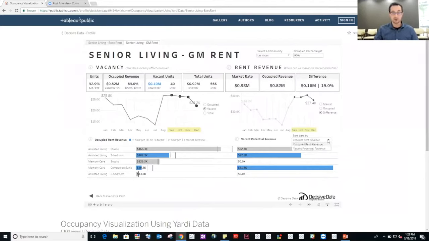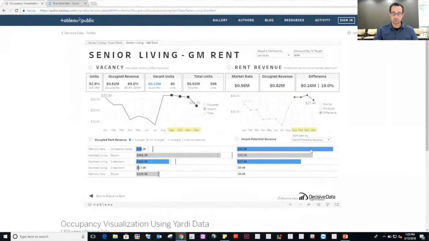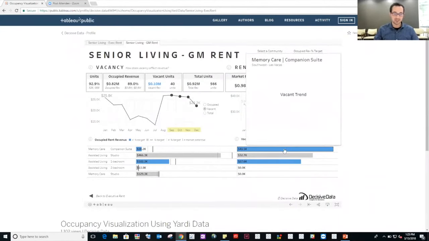This filter on the far left will also be useful for someone like Patty who can select to rank these unit types by vacant total revenue or vacant potential revenue. And she can see that the companion suite memory care unit type and care level are the ones that show the most opportunity if these units were to be filled.